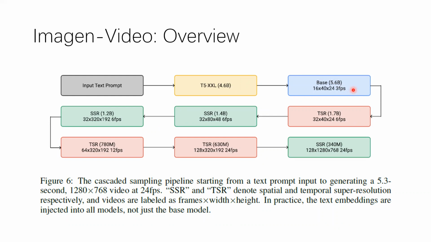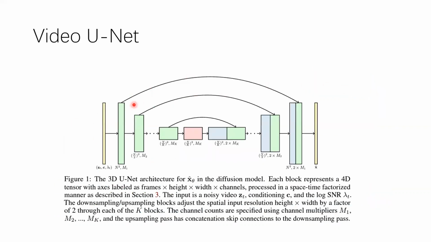So this whole diffusion model is this UNet. This UNet is a neural network.